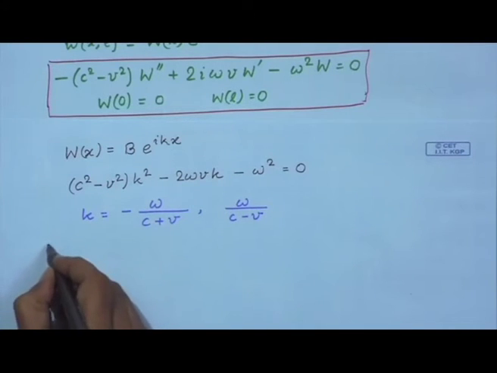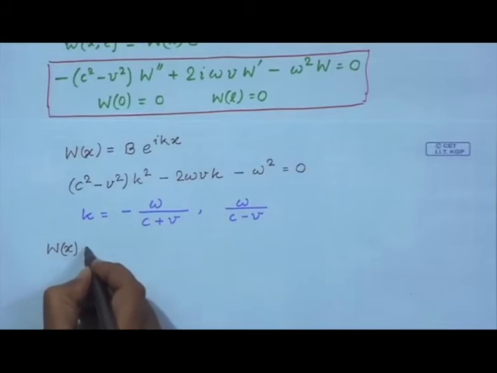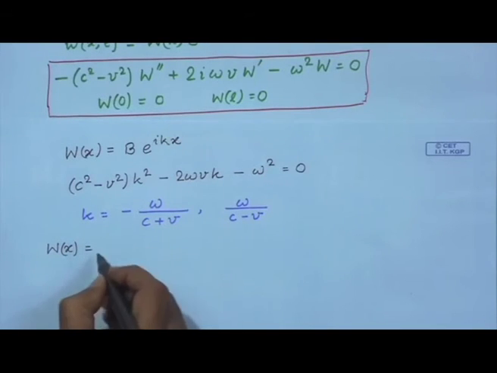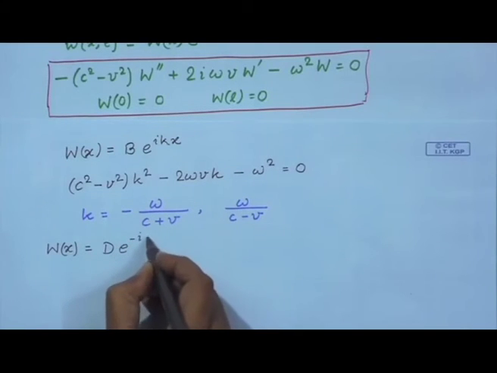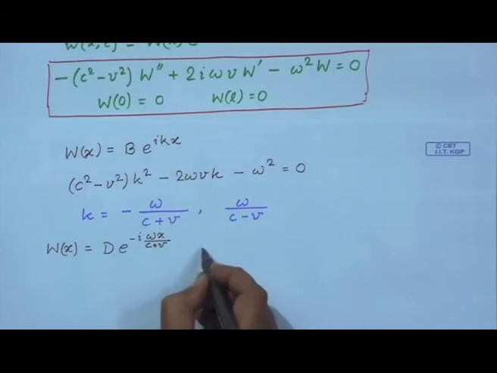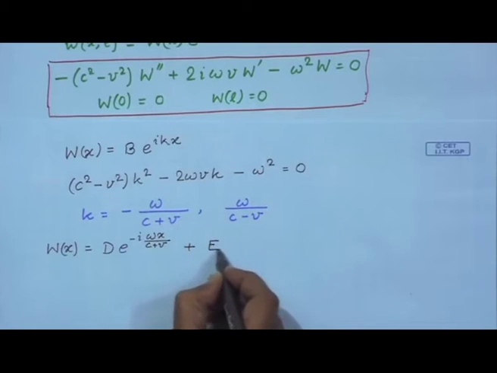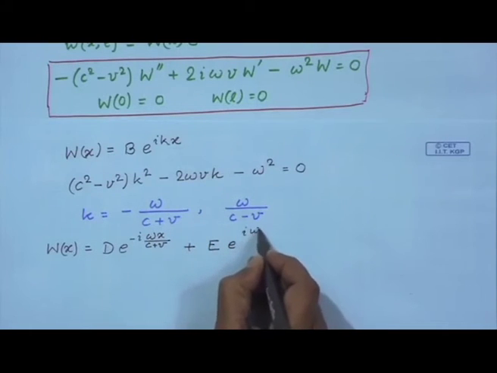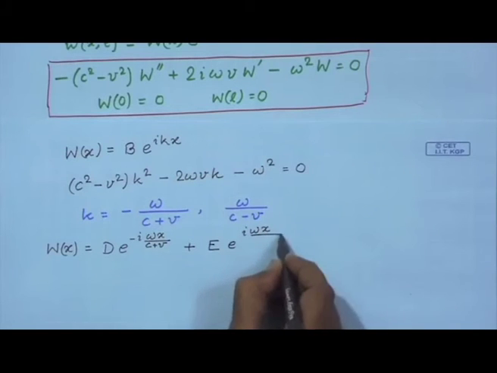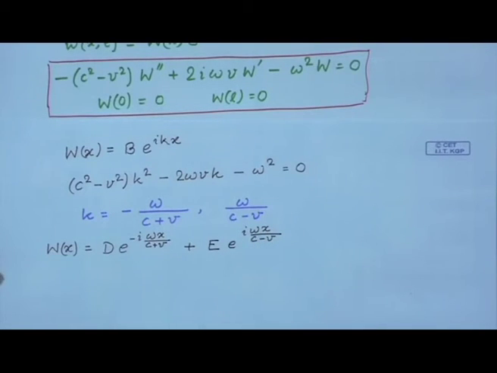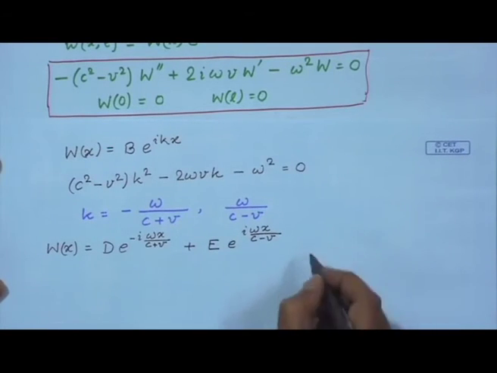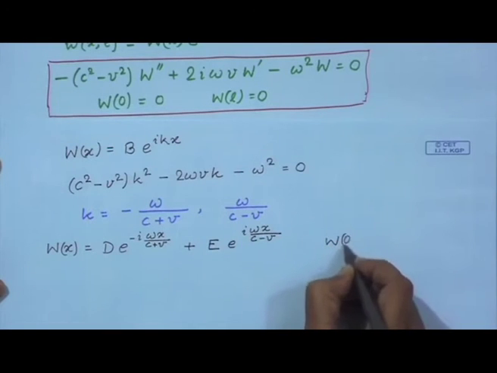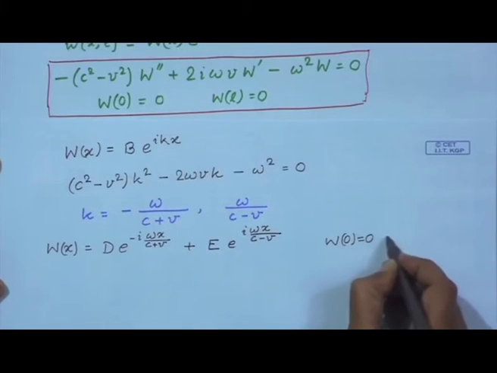Therefore, our general solution of the eigenfunction may be written in this form. So, this is the general solution of the eigenfunction, and this must satisfy these two boundary conditions.